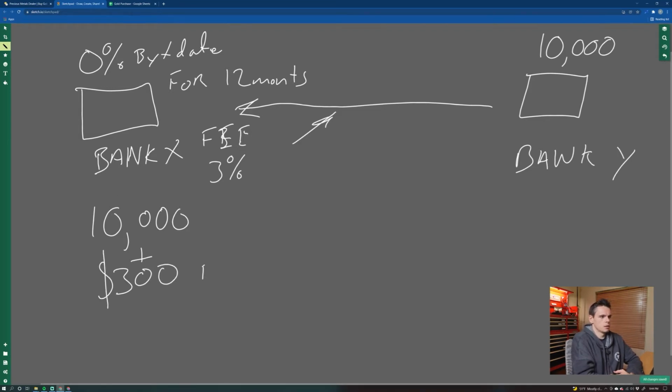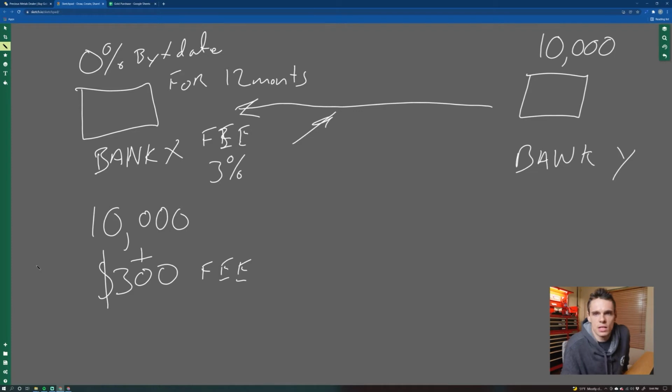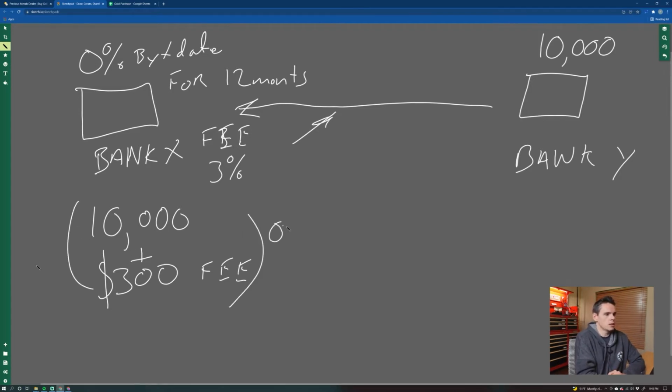Plus the fee. Here's the fee. And now I have to pay back $10,300. So we already have a cost to this. There's going to be a cost associated with this right off the bat. But then this whole thing is still at 0%. It doesn't cost anything to actually have this.